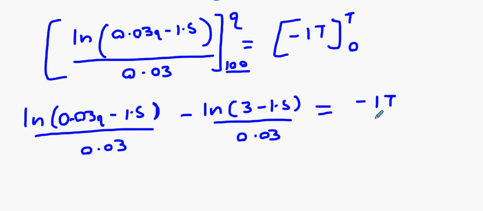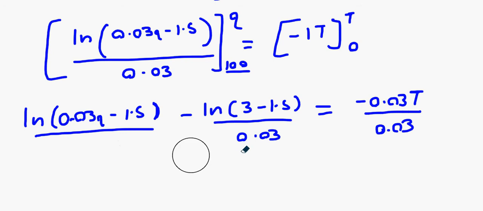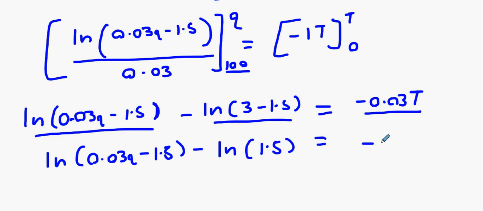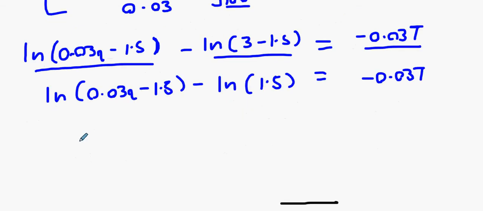Give them a common denominator of 0.03. So that's minus 0.03t. And then the 0.03's don't need to exist anymore. And then what I should get here is ln of 0.03q minus 1.5 minus ln 1.5 equals minus 0.03t.